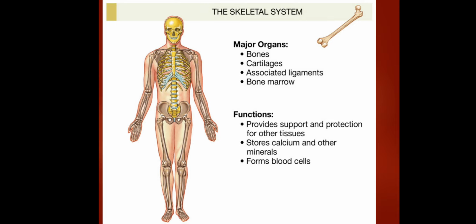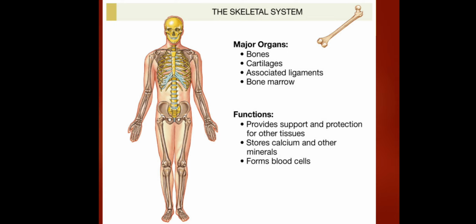The major functions of the skeletal system are to provide support and protection for other tissues, store calcium and other minerals, and form blood cells. One of the major functions, as I said a while ago, is storing calcium and other minerals. Why do our bones or skeleton store calcium?